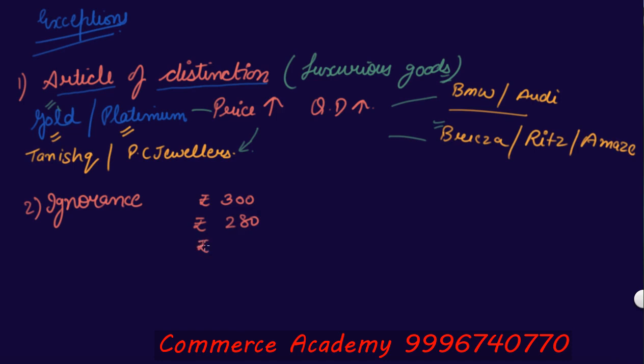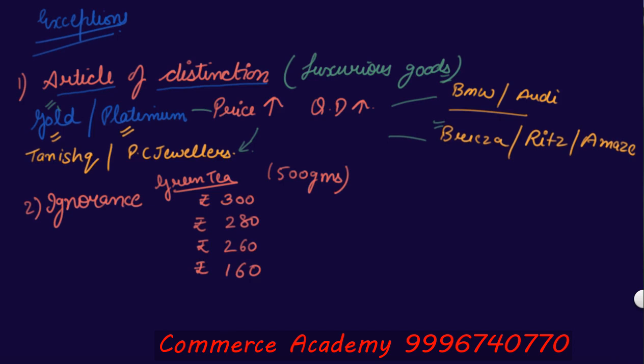Let's take the example of green tea. One company's green tea costs 300 rupees, the next costs 280, the next costs 360 for, say, 500 grams of packing. And there is a fourth company whose 500 grams of green tea is costing just 160 rupees.